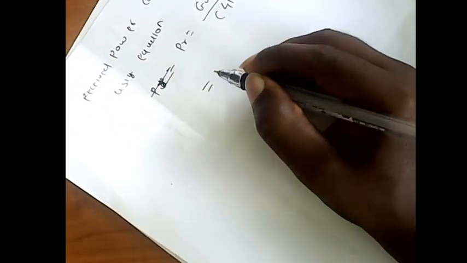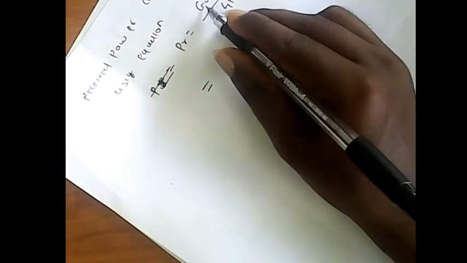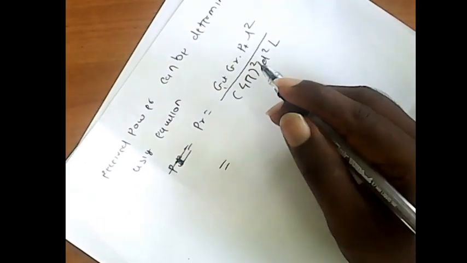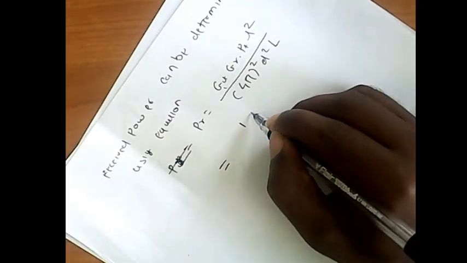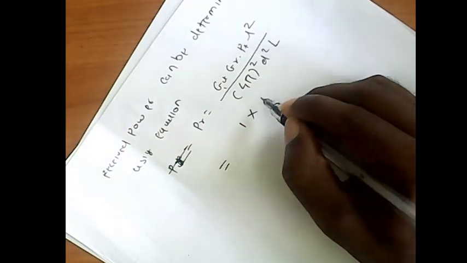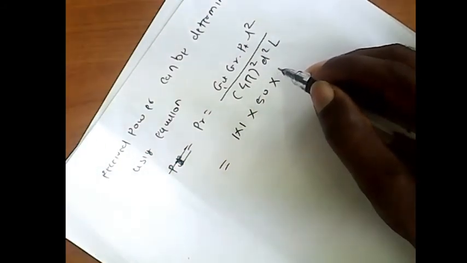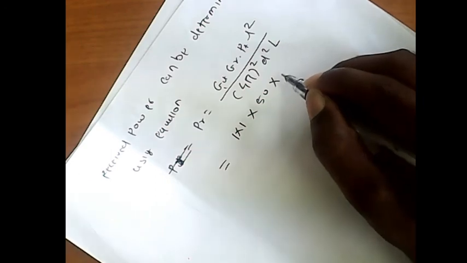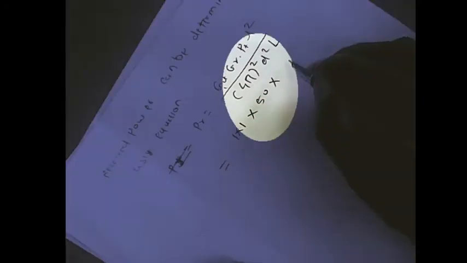So from the given values, assume the gain of the receiving antenna and transmitting antenna is 1. The transmitted power is 50 watt, and the wavelength square is given, that is 1/3 for lambda.